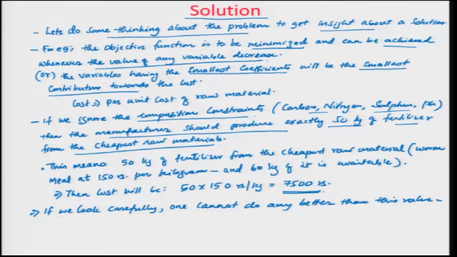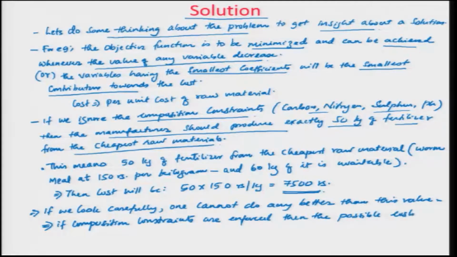This also implies that if composition constraints are enforced, then the possible cost will be greater than or equal to 7,500 rupees, which means you cannot do any lower than this 7,500 rupees.